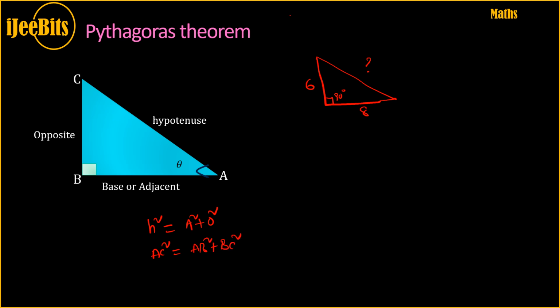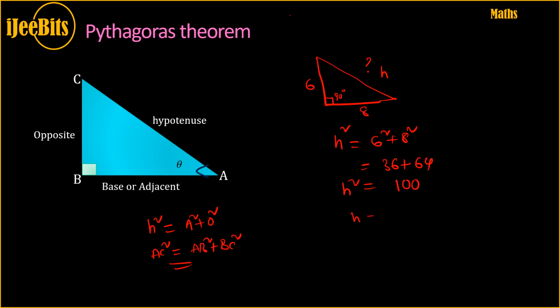So using this formula you can try to derive this one. Let's say this is H. So H square equal to 6 square plus 8 square, right? 6 square means 36 plus 8 square is 64. So summing 36 plus 64 gives 100. So H square equal 100.